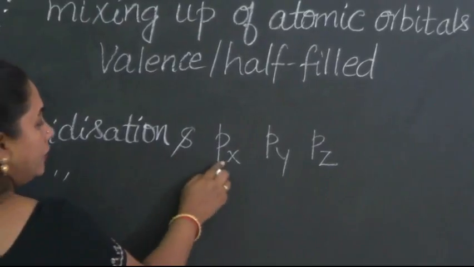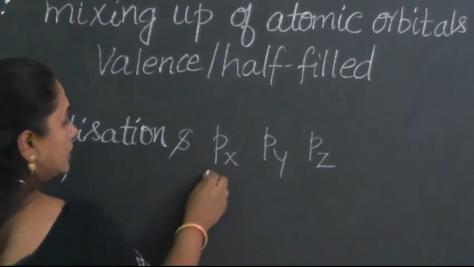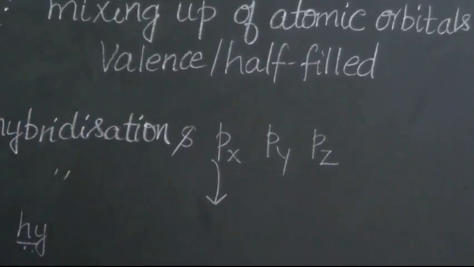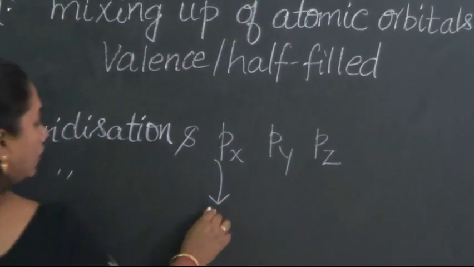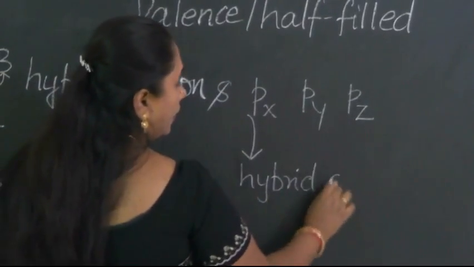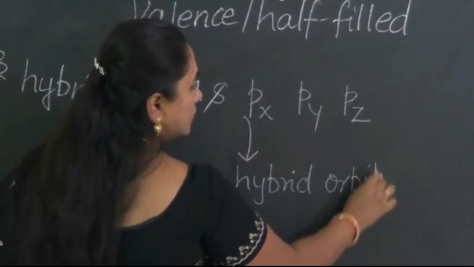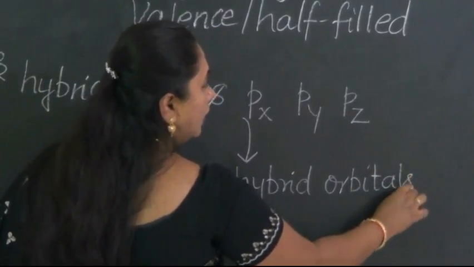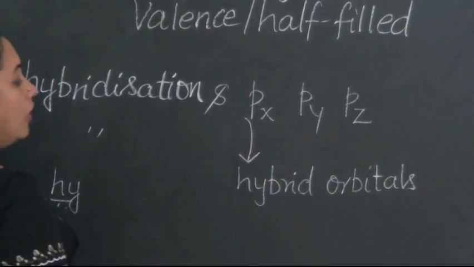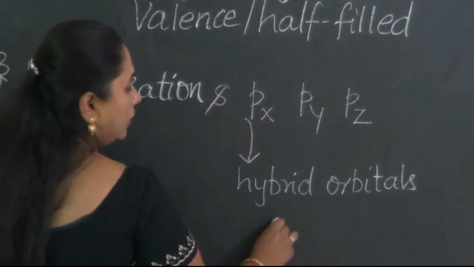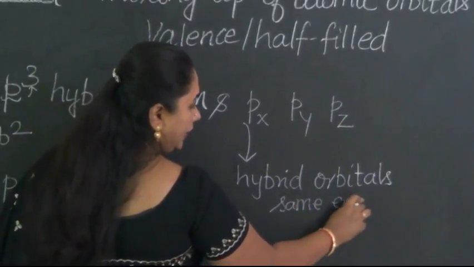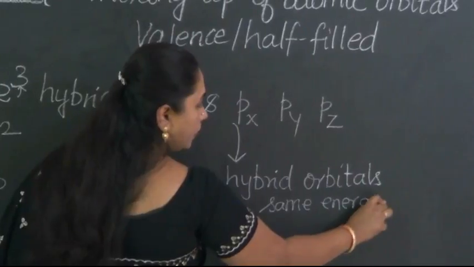There is energy difference between S and P orbitals, and the product obtained by the process of hybridization are called the hybrid orbitals, and all the hybrid orbitals formed will be having the same amount of energy. This is another focus point.